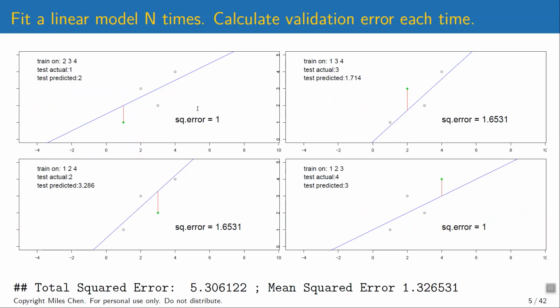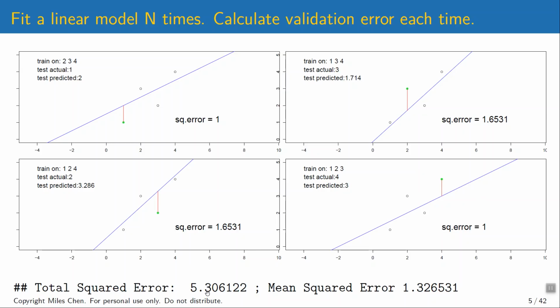Here it's the same diagram, and this time I've printed additional information onto the screen. These are the 3 points that were used to train this model. Here's the error, and the squared error is 1. It was trained on these 3 points. Here's the remaining point, and the squared error is 1.65. Here are these 3 training points, and the squared error here is 1.653, and then here it was trained on these 3 data points, and the squared error is there.